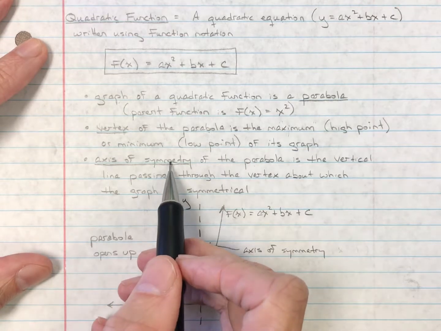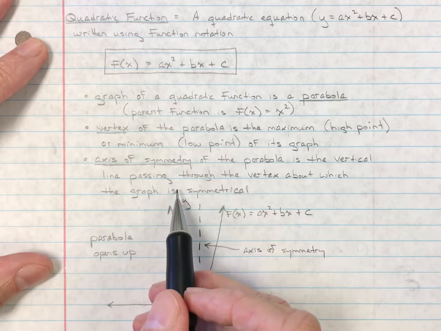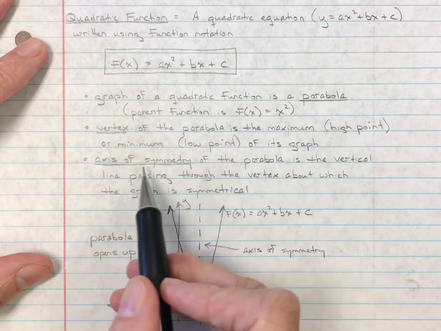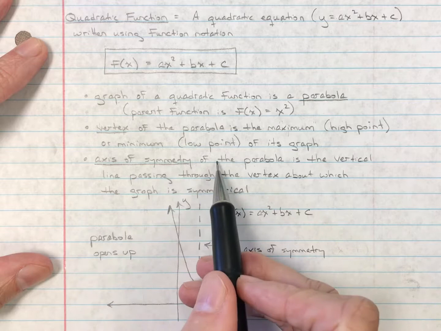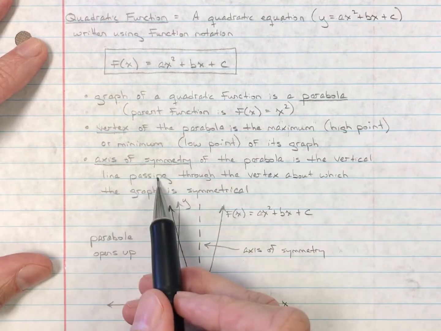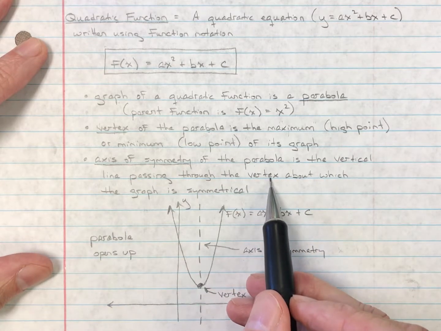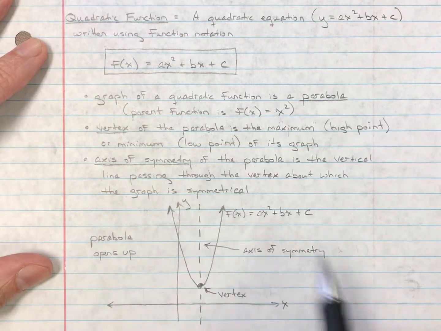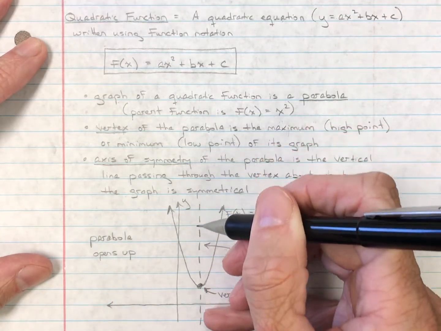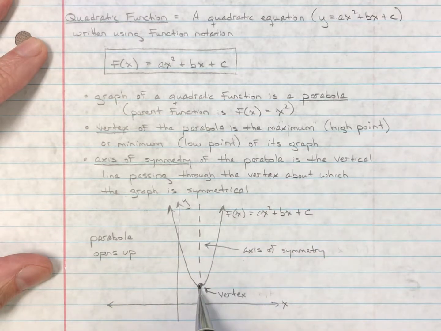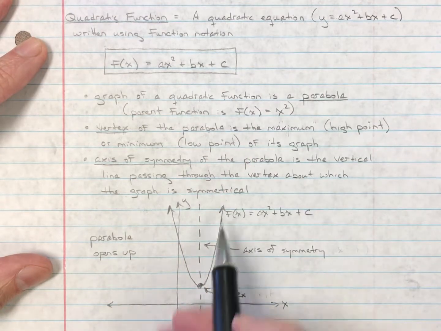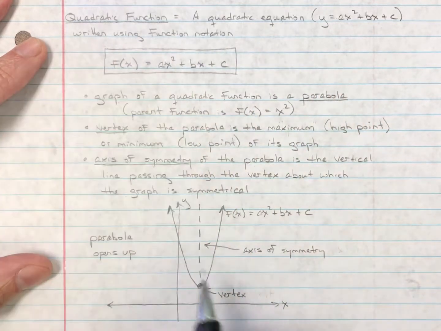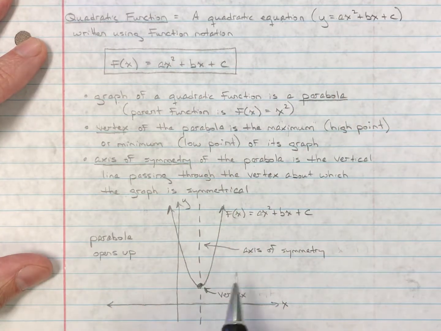Parabolas are symmetrical about their axis of symmetry. The axis of symmetry of the parabola is the vertical line passing through the vertex, about which the graph is symmetrical. So here's my vertical line passing through the vertex. The right side, if it were to fold over the vertex, maps to the left side.